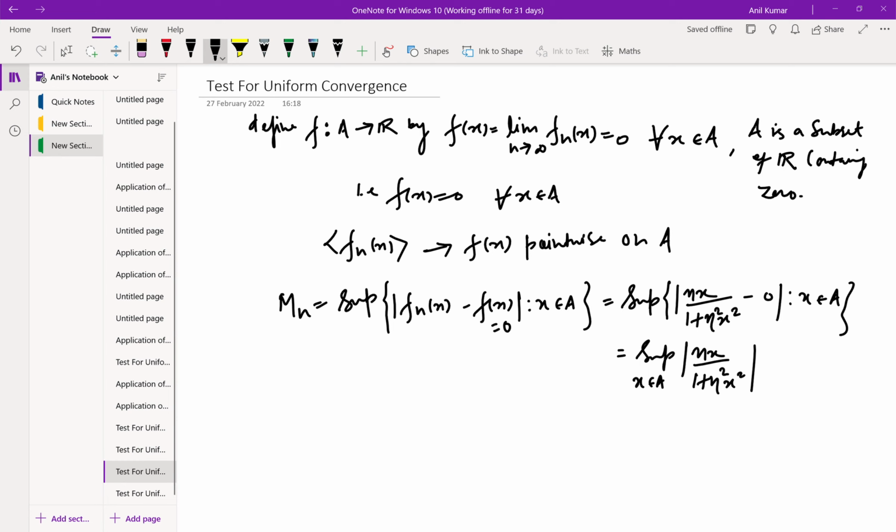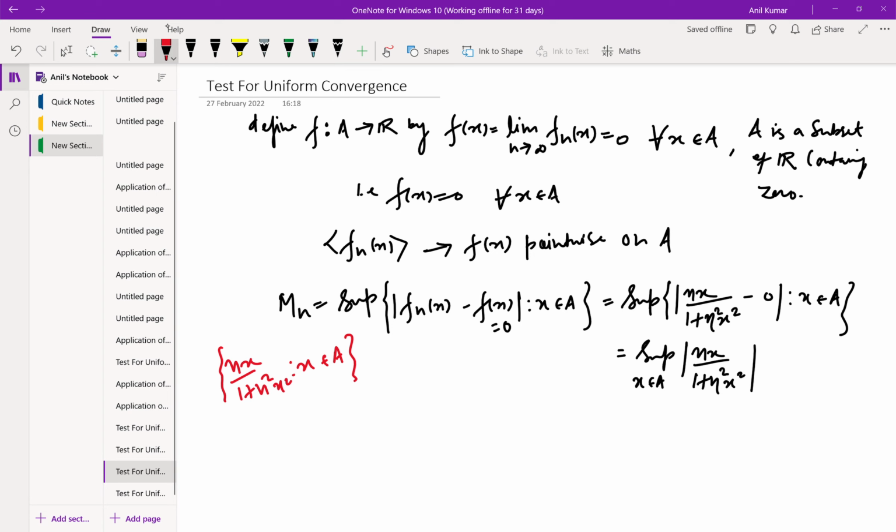So we are interested in supremum of this set. हमें इस सेट का सुप्रीमम चाहिए. किस सेट का सुप्रीमम चाहिए? ये जो सेट है nx by 1 plus n square x square, x is coming from set A. So we have to find the supremum of this set, and that will be our Mn, right?